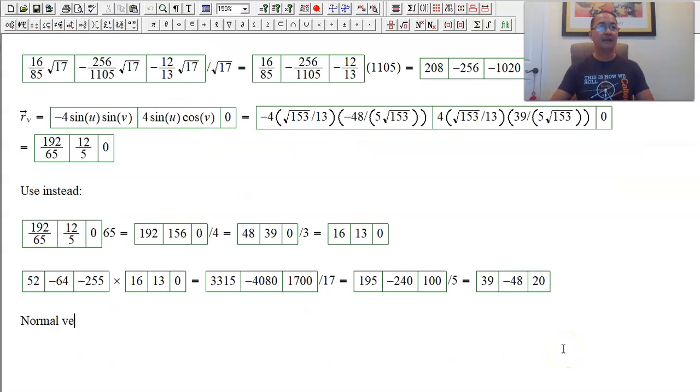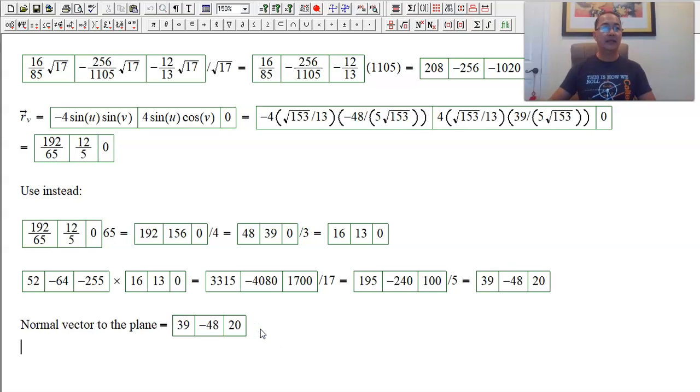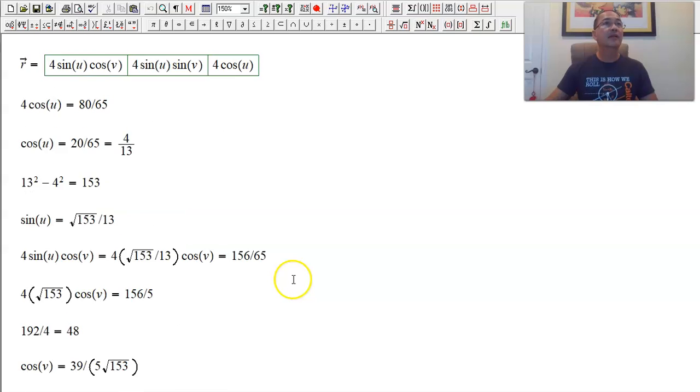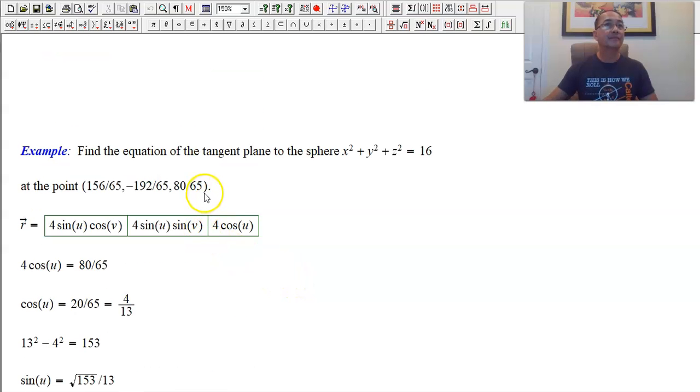So the normal vector to the plane is this. And so we can get the equation of the plane. Okay, 39x minus 48y plus 20z is equal to, oh, we need the point. The point is over here.